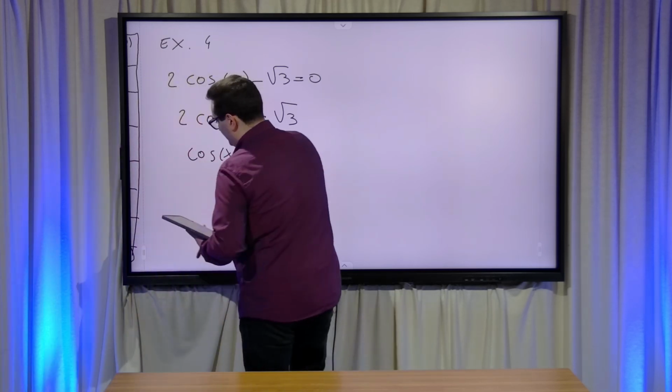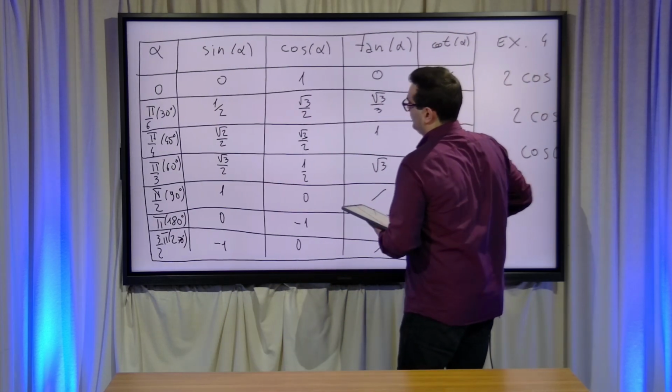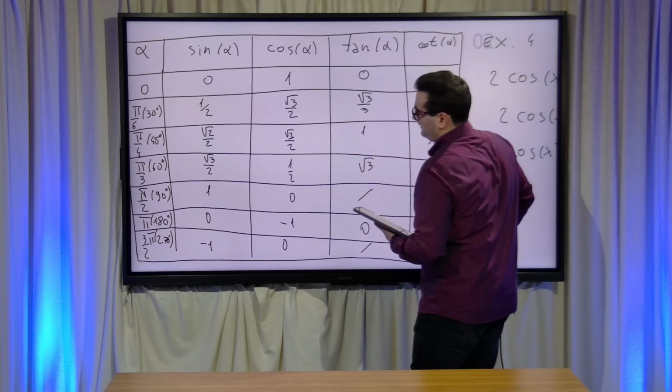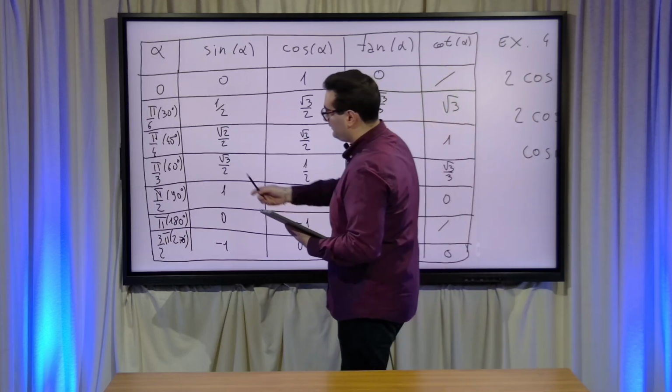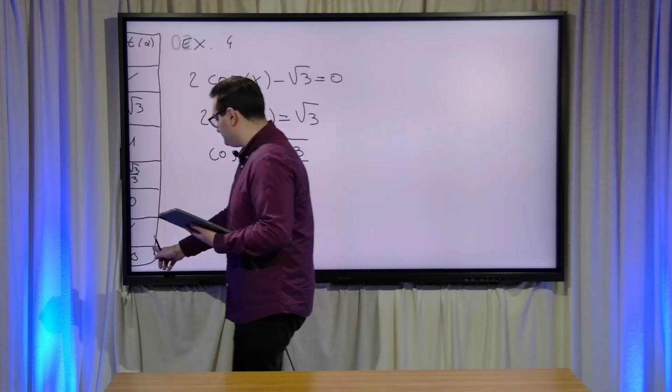And if we look in the table, we can see that the cosine of alpha is equal to square root of 3 over 2 if the angle is equal to 30 degrees or pi over 6.